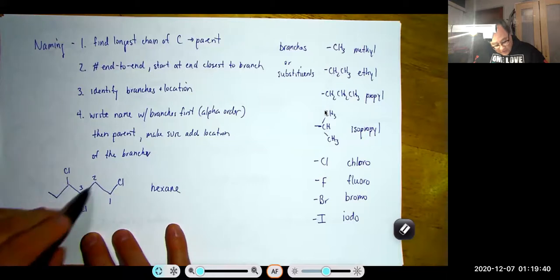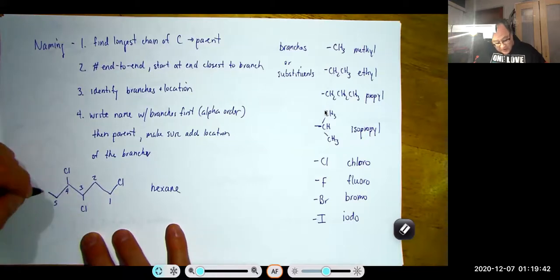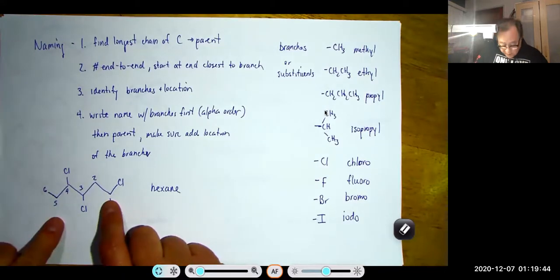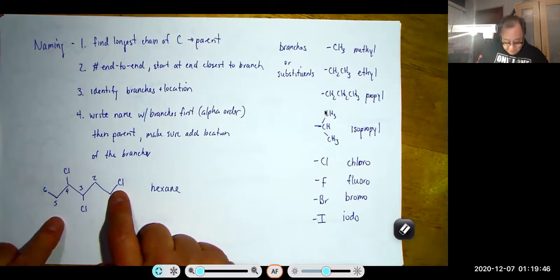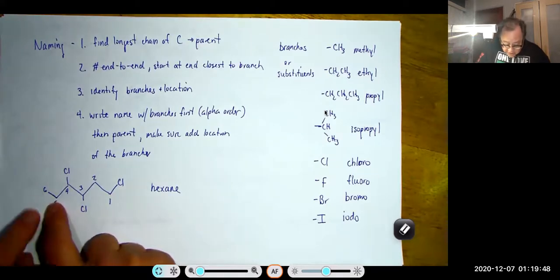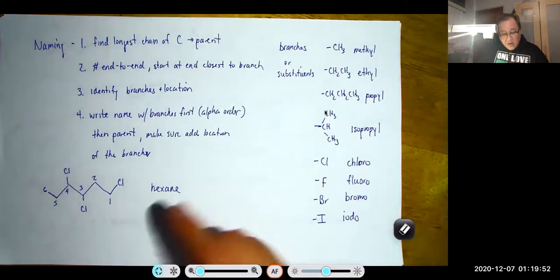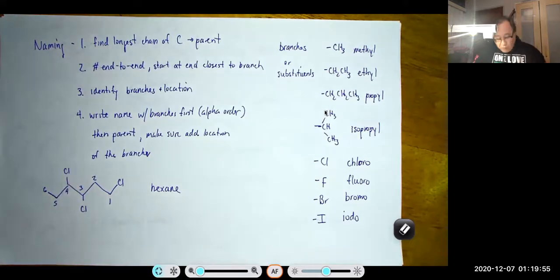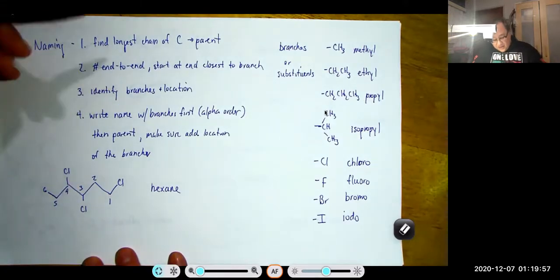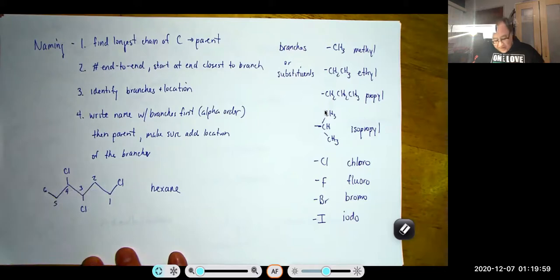1, 2, 3, 4, 5, 6. The reason we want to start here is because we get a branch on carbon 1. If we start here, our first branch comes on carbon 3. So we want to start on the right so that we get the branch to be closest to the end, okay? So here, what is this guy called?